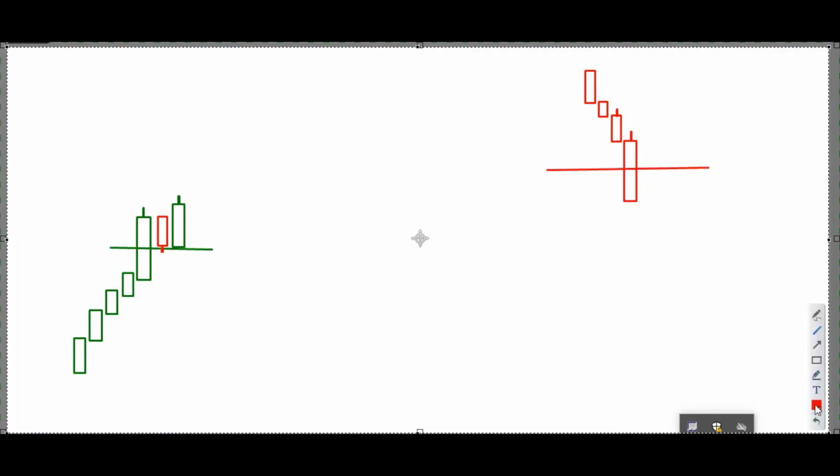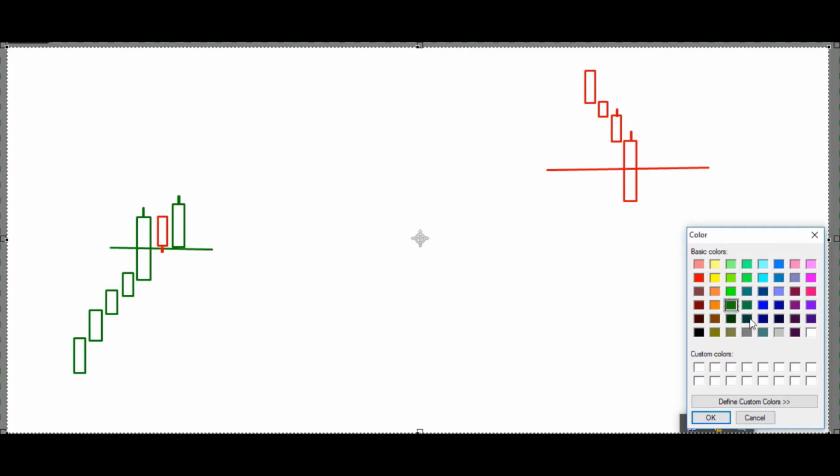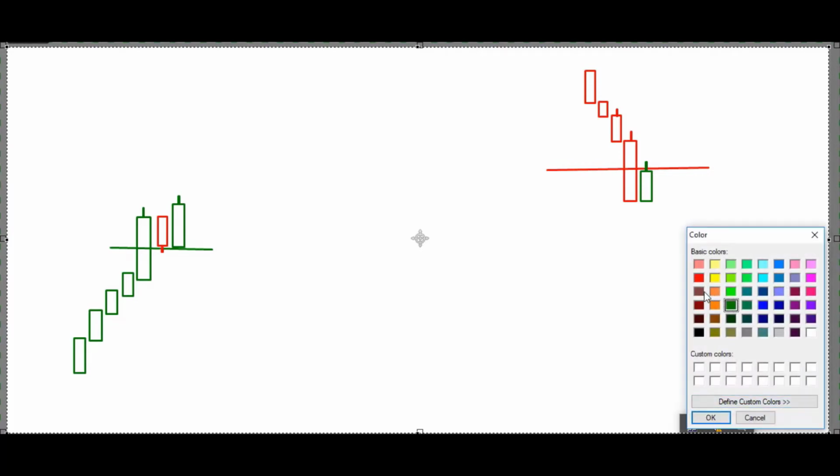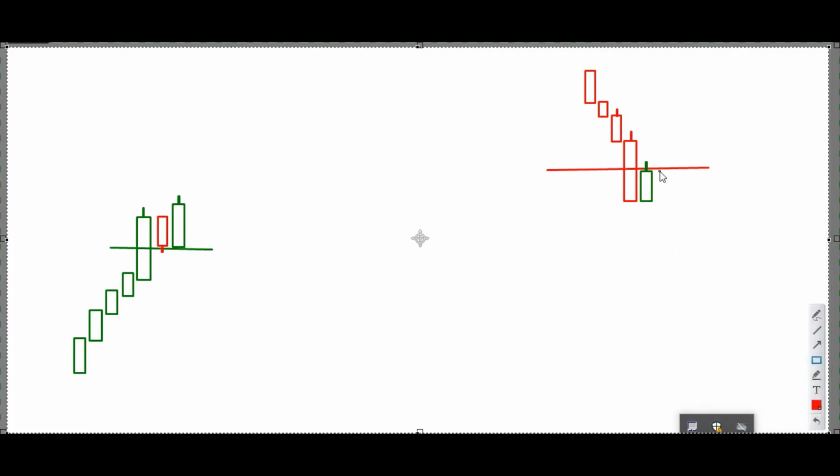If the next candle suddenly goes up like this one, then after this candle, the next candle obviously falls down. It's the psychology of this type of SNR level. So this is the actual psychology.